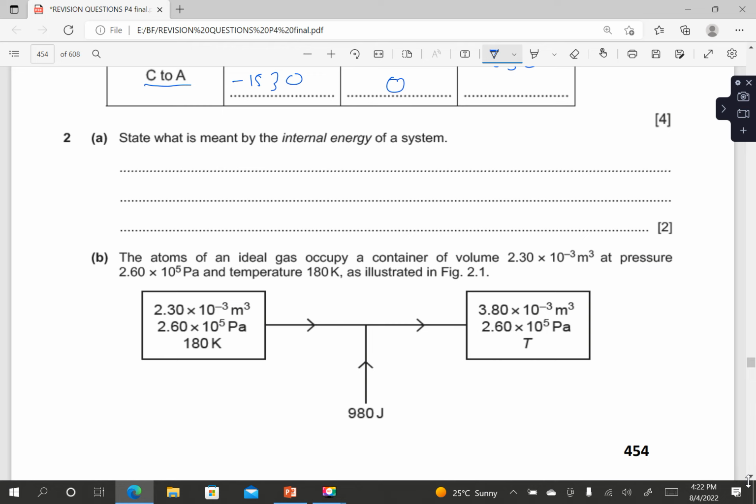State what is meant by internal energy of a system. So this is the sum of the random distribution of the potential energy and the kinetic energy of all the molecules, particles, or atoms that make up the system.